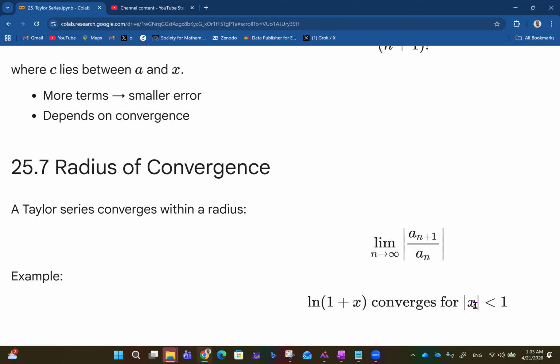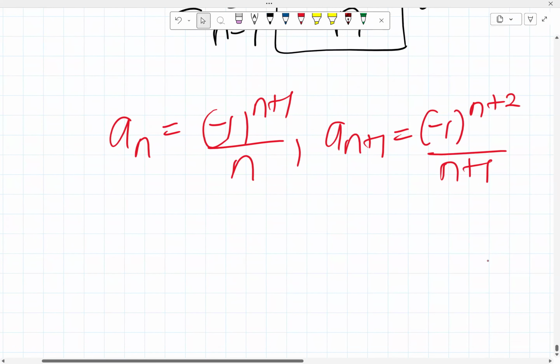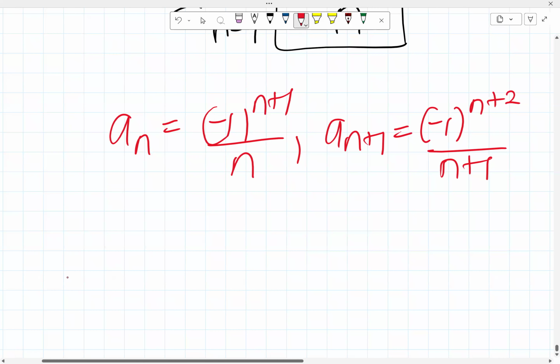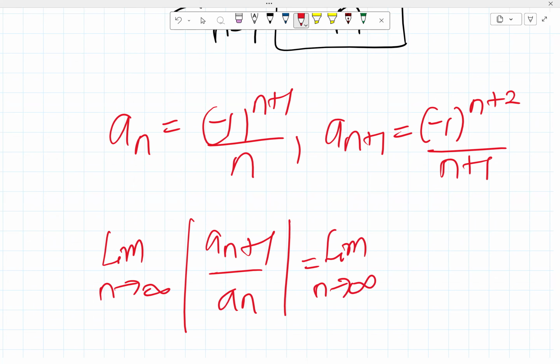That is our a_n. So we know that a_n is equal to (-1)^(n+1) all over n. a_(n+1) would then be (-1)^(n+2), that's n+1+1, all over n+1 down here. So the radius of convergence now would have to be, we do the limit as n approaches infinity of the absolute value of a_(n+1) over a_n, and that is the limit as n approaches infinity of (-1)^(n+2) over n+1 divided by (-1)^(n+1) over n.